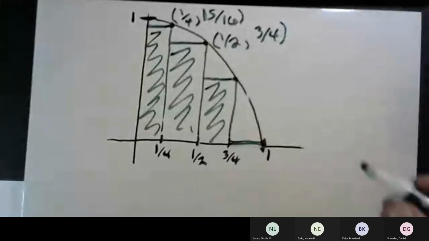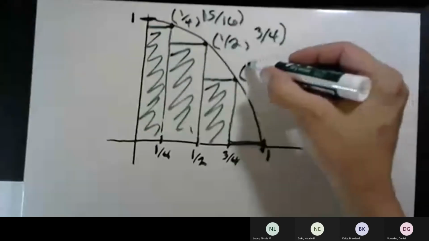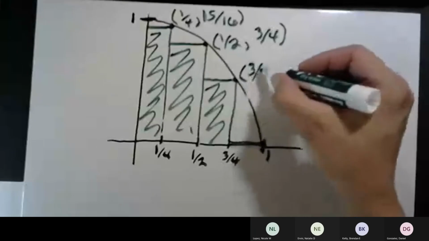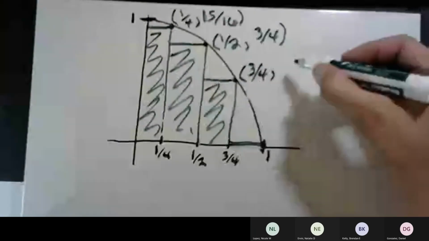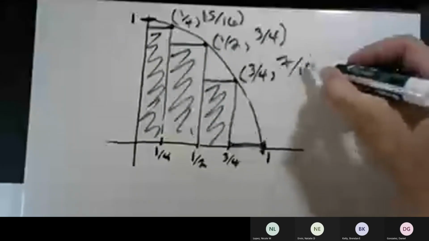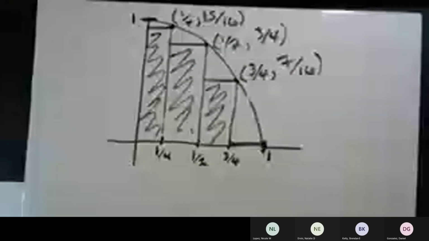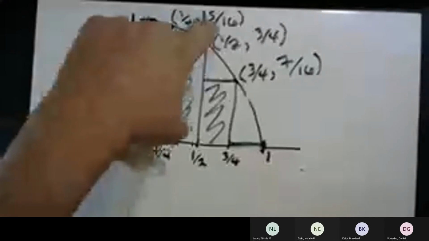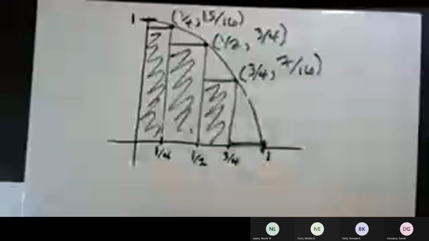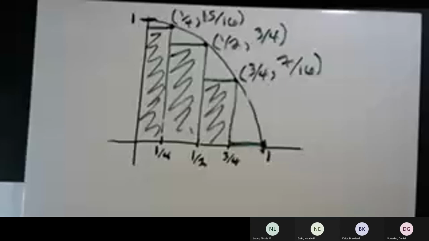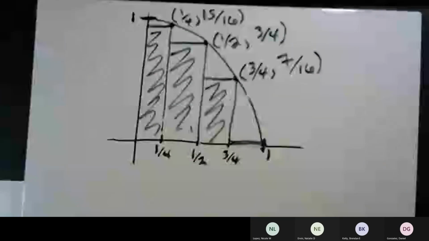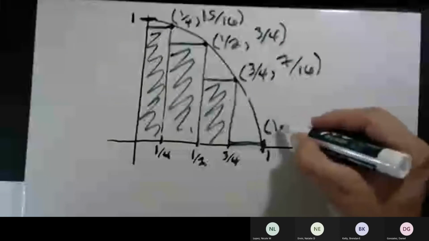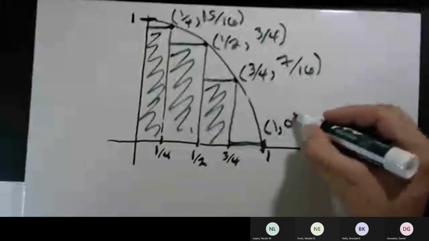The y value is 3/4. And this one, when x is 3/4, the location on this curve, the y value is 7/16. We're dropping. So the y value is the height of these rectangles, and then each one has a width of 1/4. So this would have a 1 and a 0.